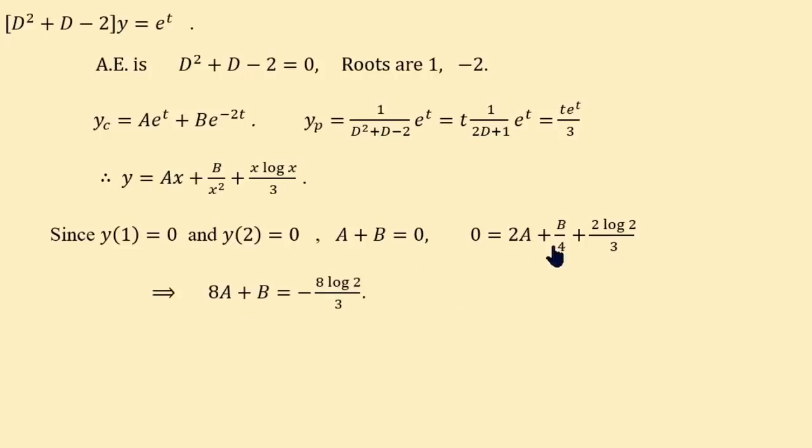Now, just multiply throughout by 8: 8a plus b plus 8 log 2 by 3 equal to 0. Therefore, 8a plus b equal to minus 8 log 2 by 3.